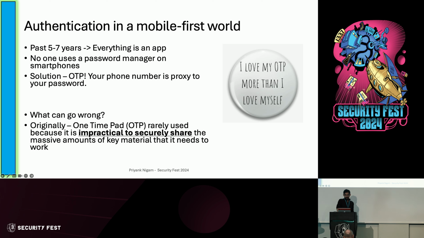Originally, OTP in the crypto sense, like crypto as in cryptography, not crypto mining, was one-time pad. It was basically a string of highly random characters, which was only supposed to be used once and never again. The problem was that it was impractical to securely share this string in advance, right?